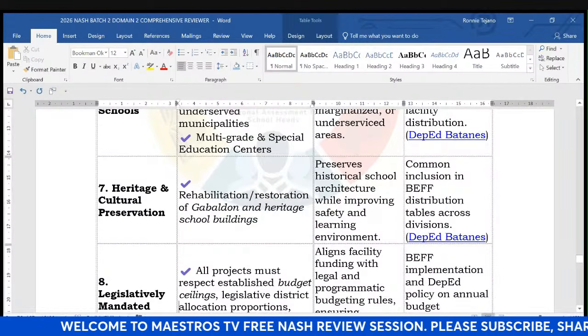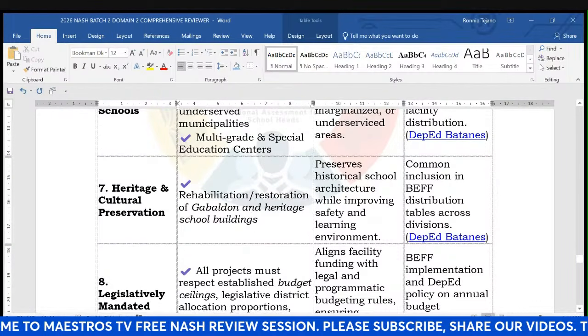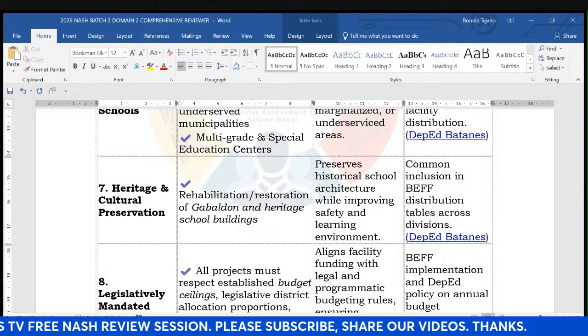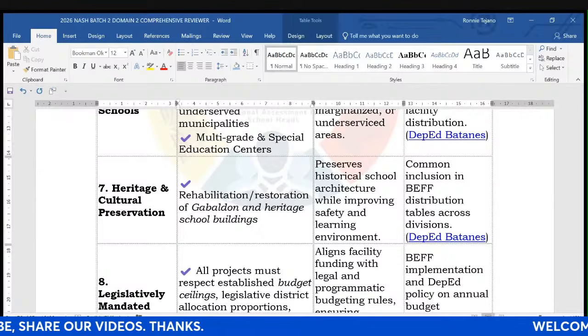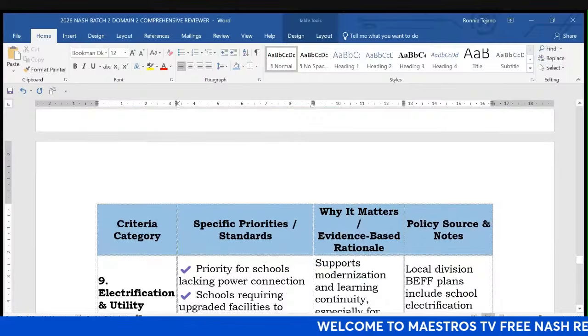For heritage and cultural preservation, rehabilitation and restoration of the Gabaldon and heritage school buildings. This preserves the historical school architecture while also improving the safety and learning environment.